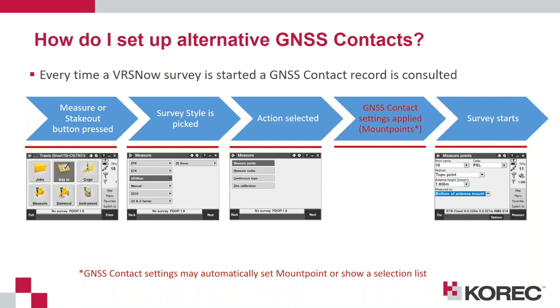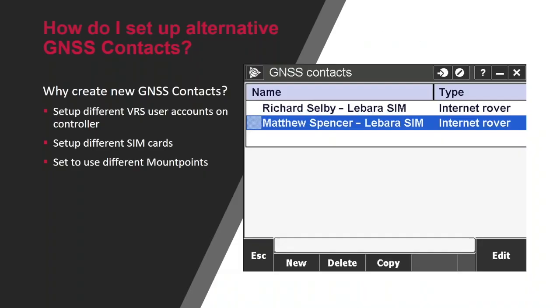So you can change the settings in Access so that the operator has to pick a specific GNSS contact record each time they start a VRS survey. Given the question at the start, why might you want this to happen?